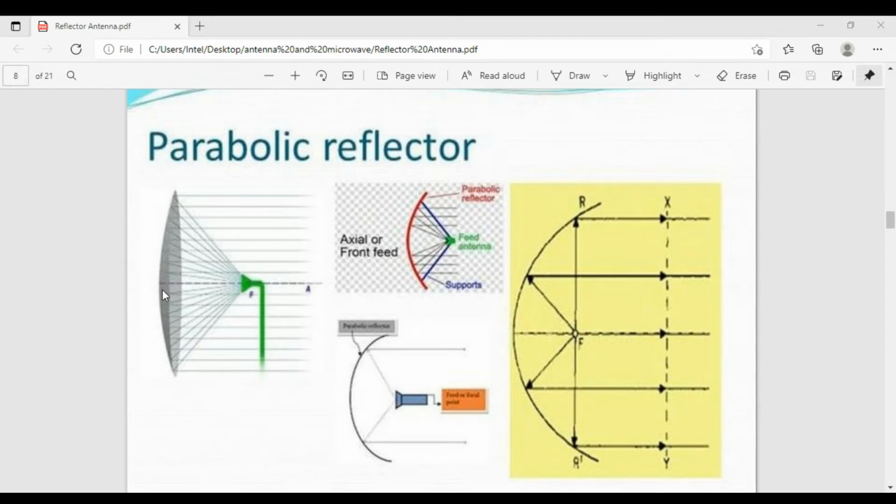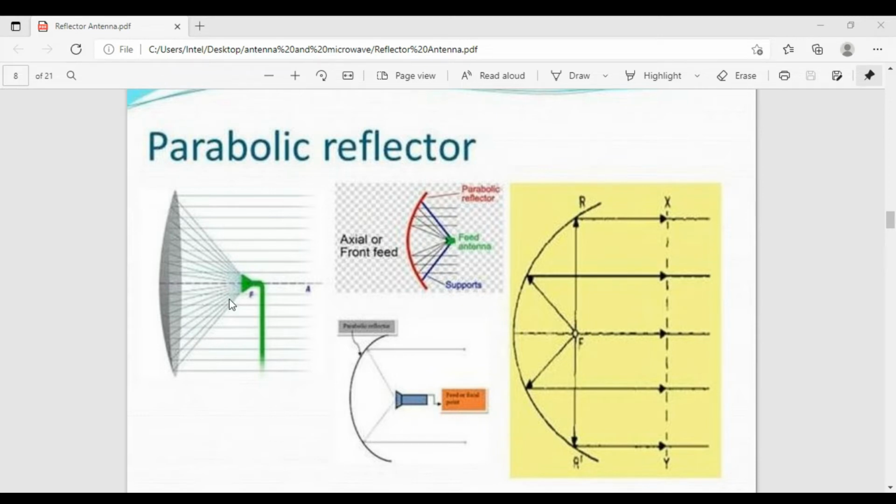So the reflector antenna is known as a secondary antenna because it should be initiated, motivated, or excited by another antenna, whatever it may be: horn antenna, dipole antenna, any other antenna can be used. So this is the reflector antenna.